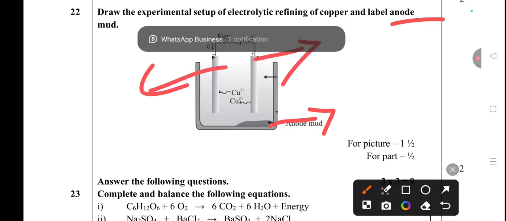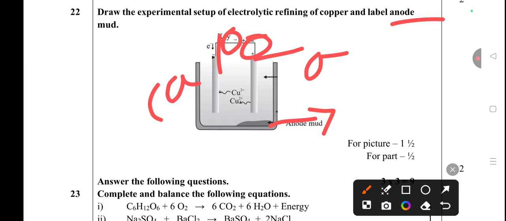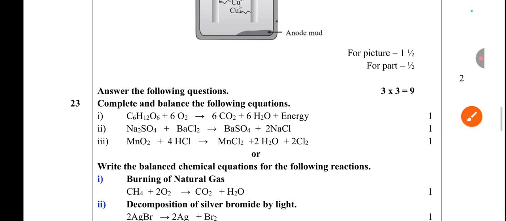Sorry, I showed it in reverse. Wherever the positive terminal is there, that's the anode, and this side is the negative terminal, that's the cathode. This is the tank, and this is the copper sulfate solution. They are interconnected with the help of wires.